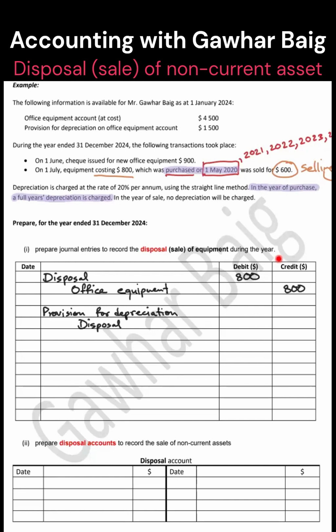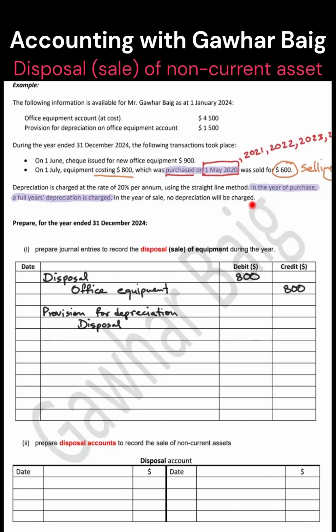Irrespective of the date, which is 1st May 2020, about 5 months later in the year we bought this equipment, we'll still charge for the full year as the policy states. So in 2020, we'll be charging the full year's depreciation. And in the year of sale, no depreciation will be charged.